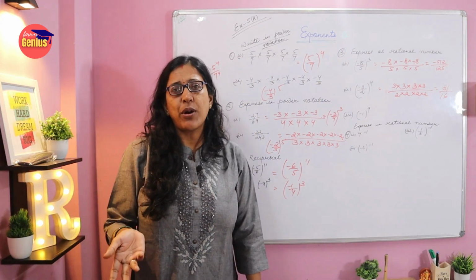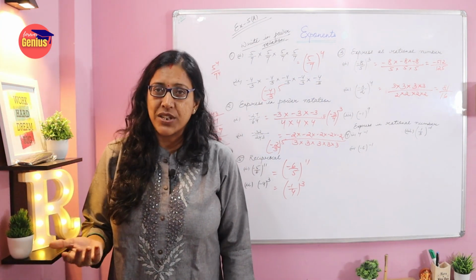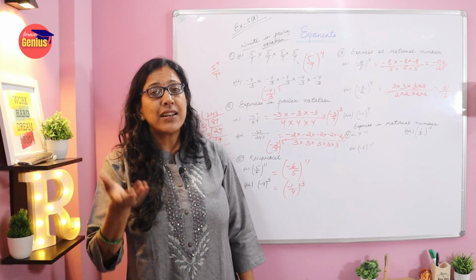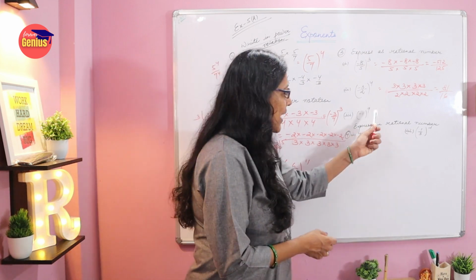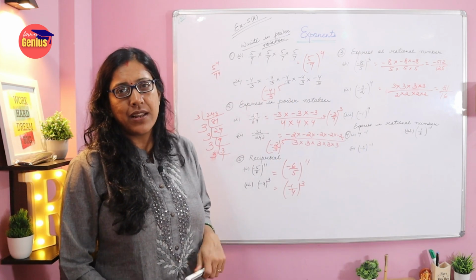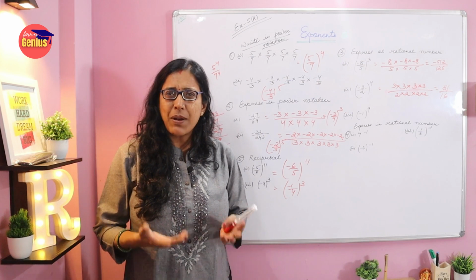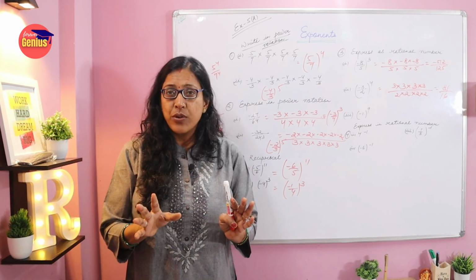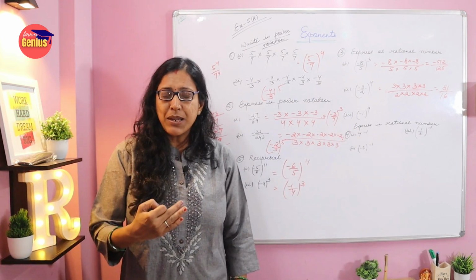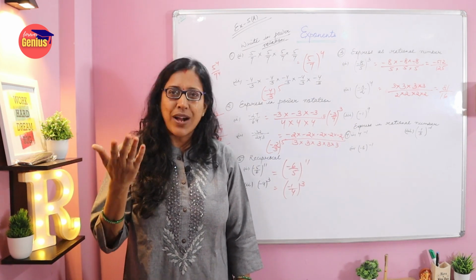These basically come in objective or MCQ types of questions where you can simply see, calculate it in your mind and just state the answer. Now see, if it is minus 1 to the power 9, are we supposed to multiply 1 9 times or minus 1 into 9 times? No, 1 multiplied any number of times is 1 itself.